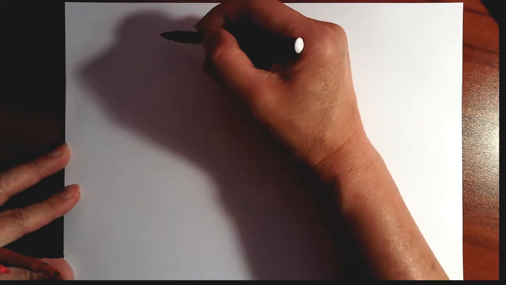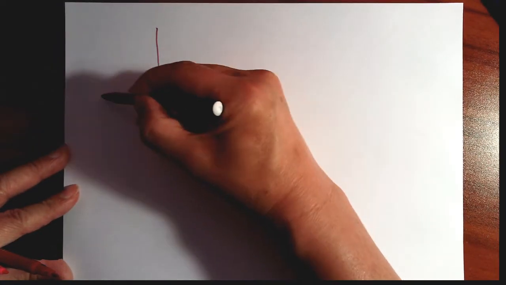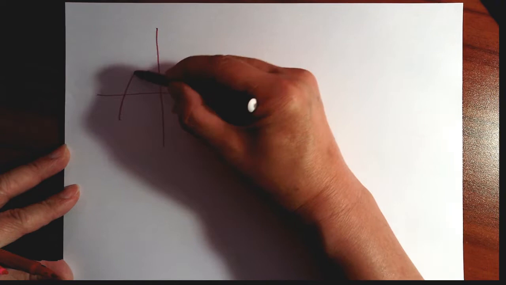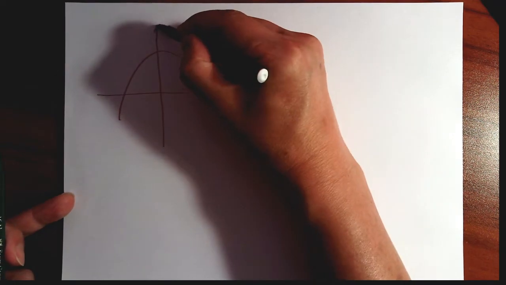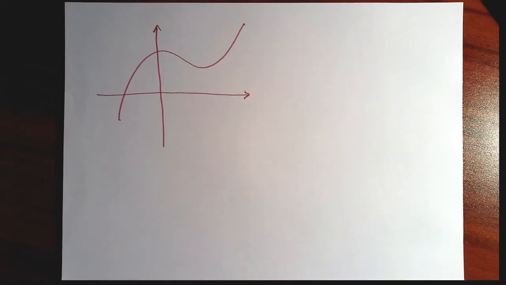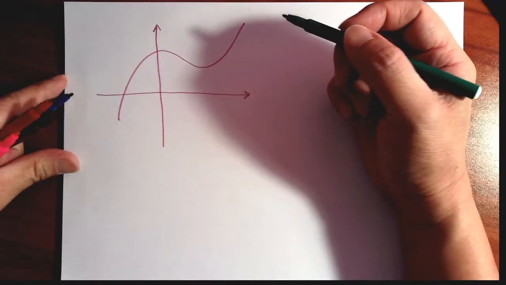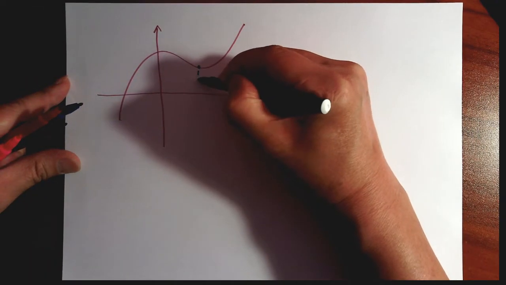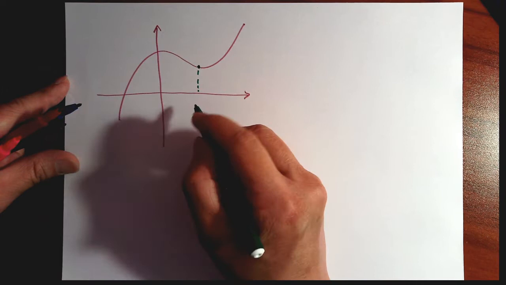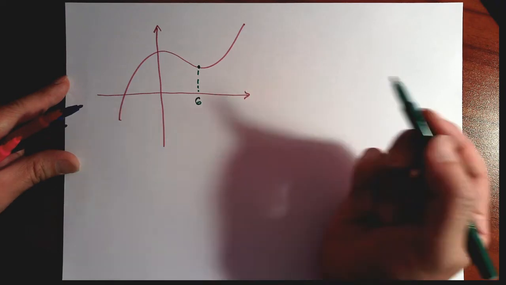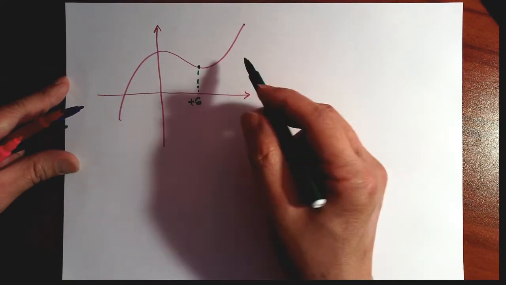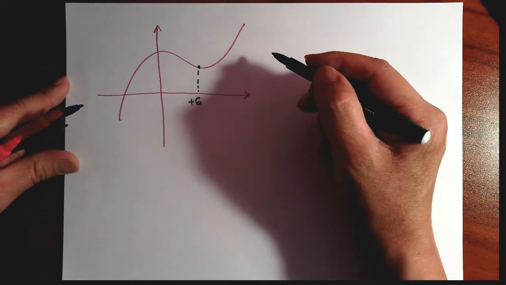Sometimes we may have a curve in calculus that looks like this. And this is a point, 6, on the curve.